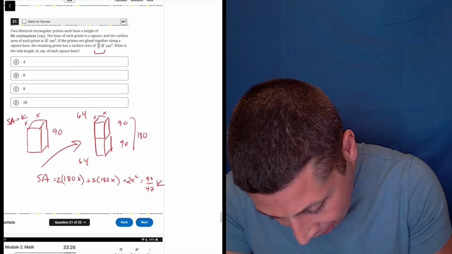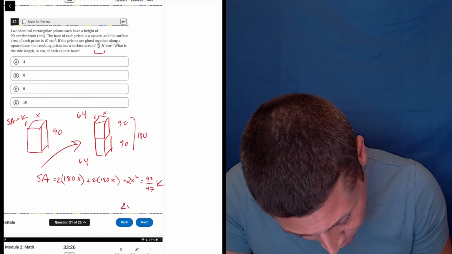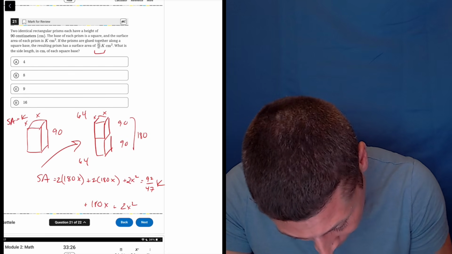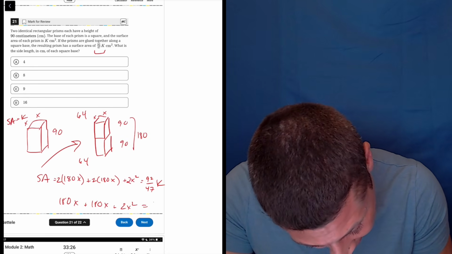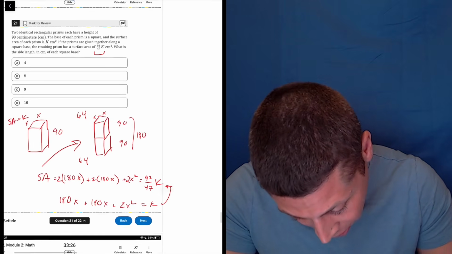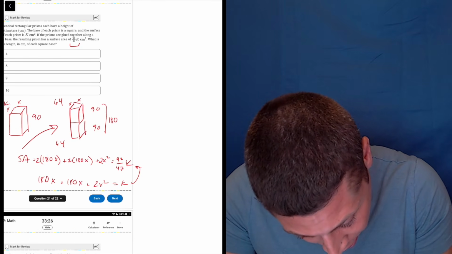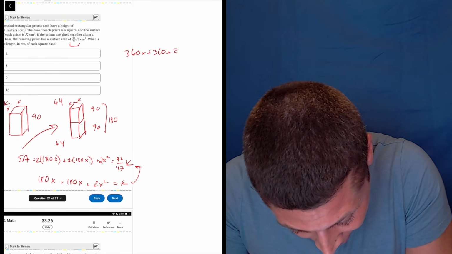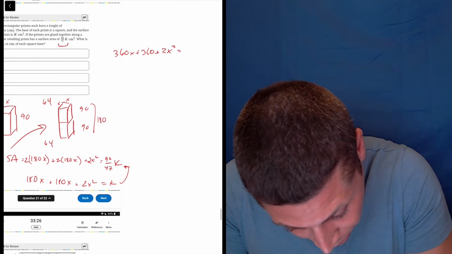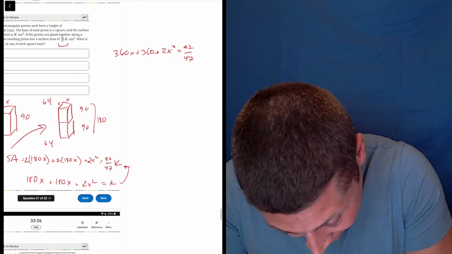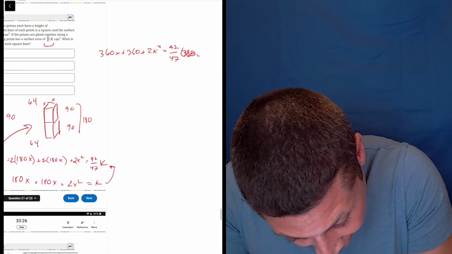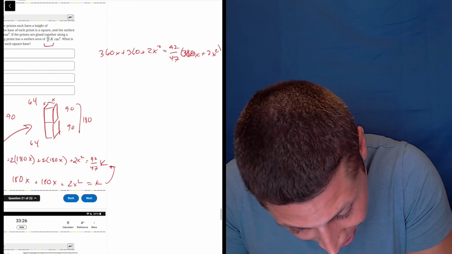This is going to be, again, the 2x squared plus 180x for the front and the back. 180x is equal to k, so we can make a substitution here. Ah, darn it. So 360x plus 2x squared is equal to 92/47 times 180, or 360x plus 2x squared.